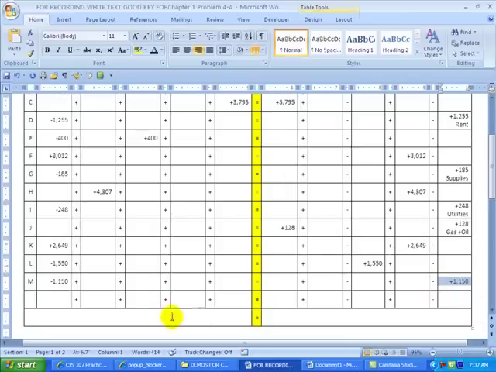At this point, you would have now your running balance, and so if I were to add up all of these, we would have a balance in cash of $17,873, and we would have accounts receivable of $4,307. We would have prepaid insurance of $400.